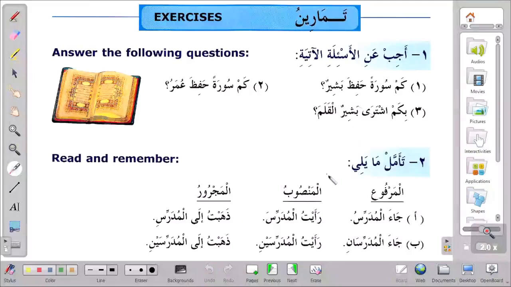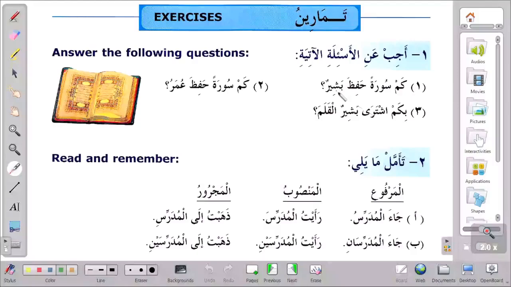Now we have tamarin, exercises. Ajib an al-as'ilati al-atiyah, answer the following questions. Kam suratan hafiza Bashirun? How many surahs did Bashir memorize?